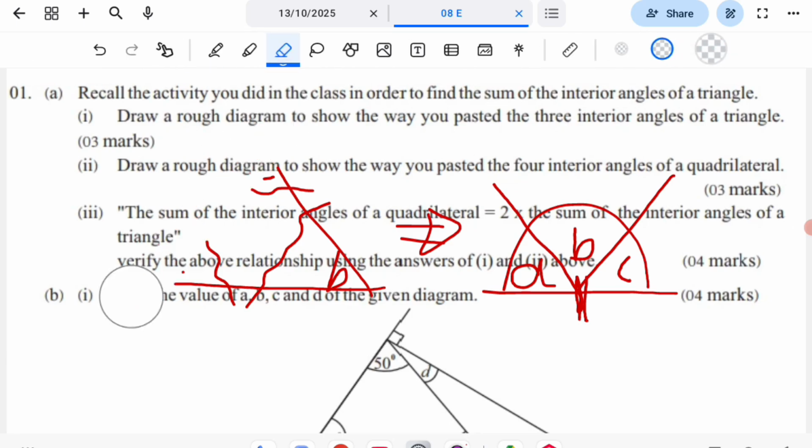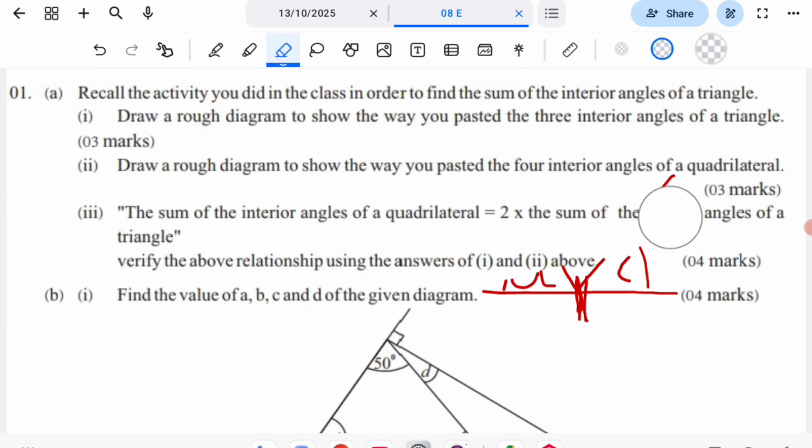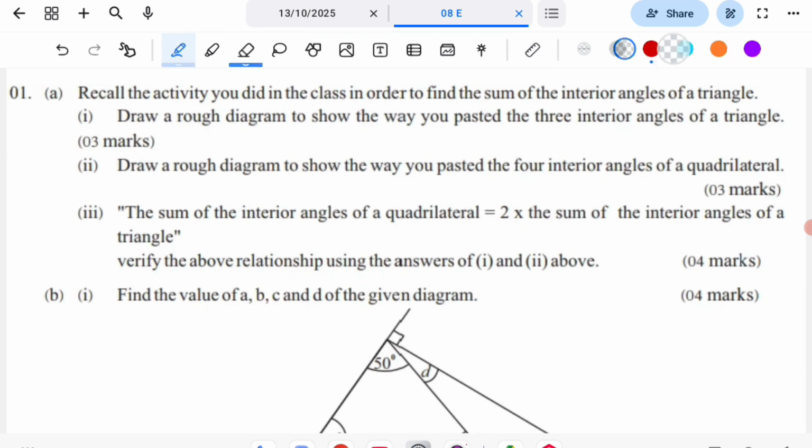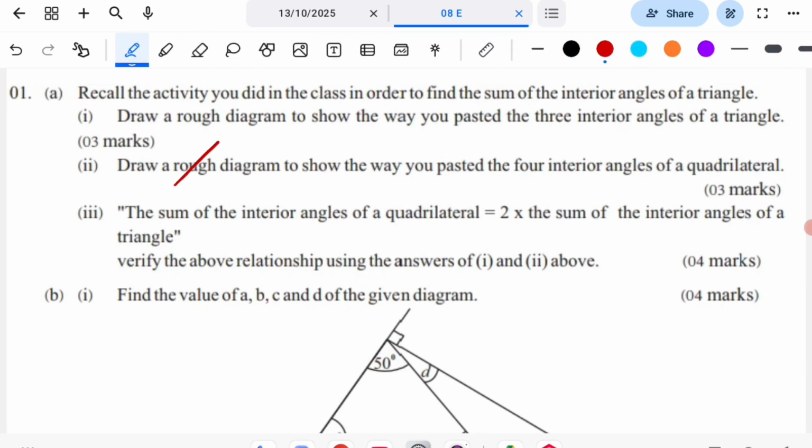Part 2. Draw a rough diagram to show where you pasted four interior angles of a quadrilateral. We know that the sum of four interior angles of a quadrilateral is 360 degrees. Therefore, we can consider a quadrilateral. Quadrilateral means there are four sides.